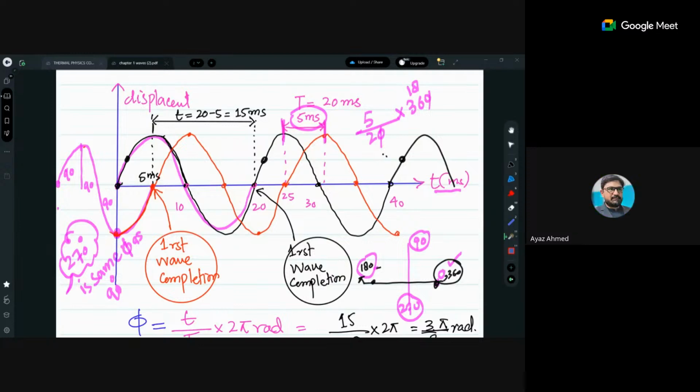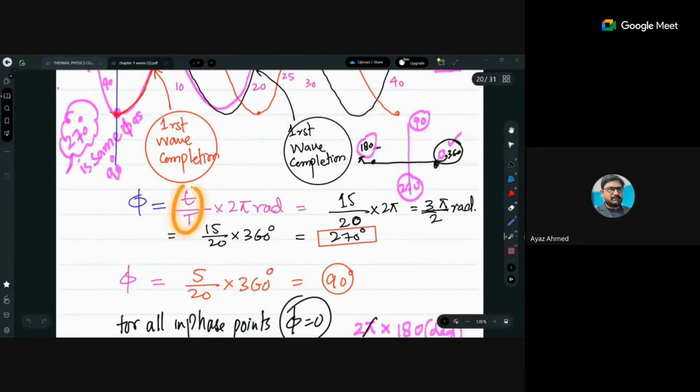So when they are out of phase, we can calculate how much out of phase they are. The basic concept behind the phase difference is the same as this one: phase difference is small t divided by capital T into 360 degrees, or small t divided by capital T into 2 pi radians.